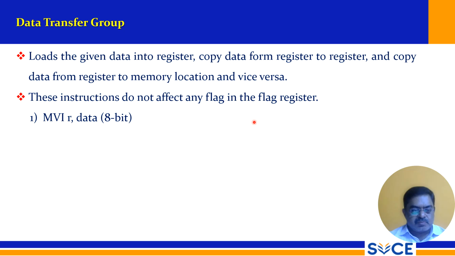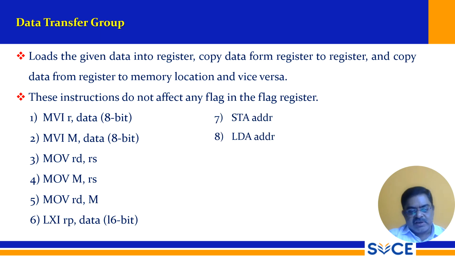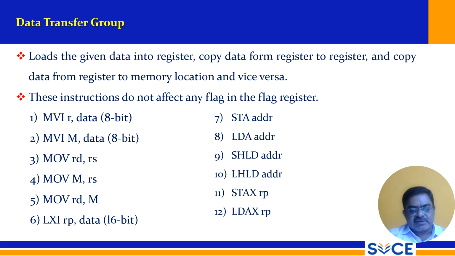So the first one is MVI r, data, that is 8-bit data, and MVI M, data, and MOV Rd, Rs, MOV M, Rs, MOV Rd, M, LXI rp, 16-bit data, STA address, LDA address, SHLD address, LHLD address, STAX rp, LDAX rp, and the last one is XCHG.